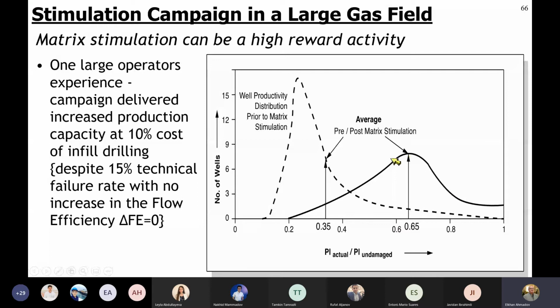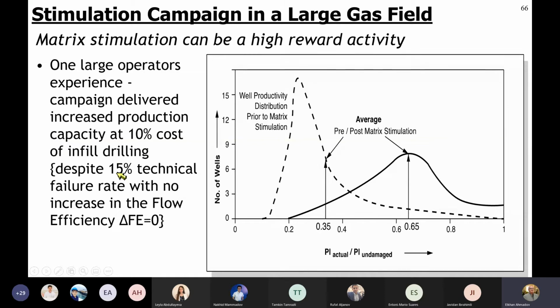and the campaign, as it says here, delivered increased production capacity at 10% of the cost of infill drilling, although 15% of these acid jobs failed.